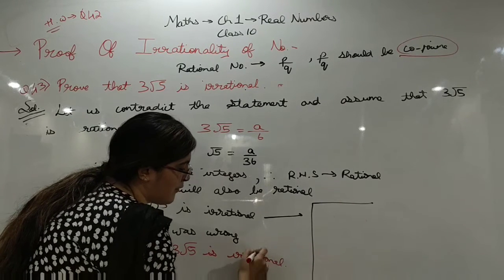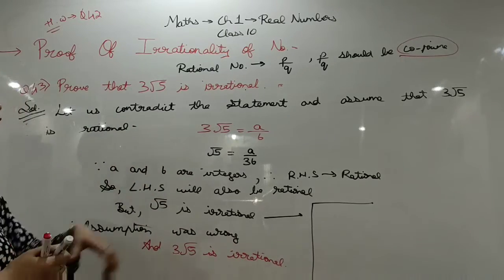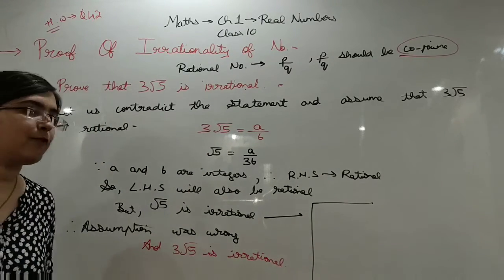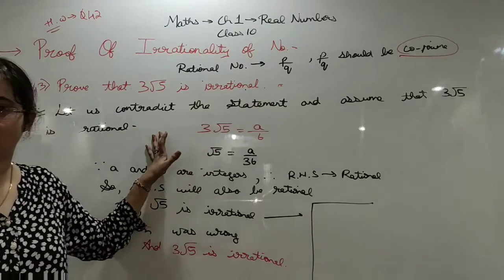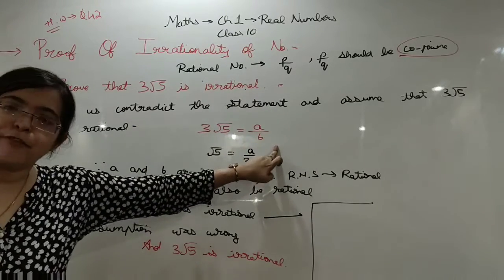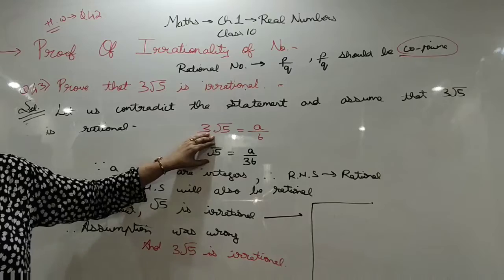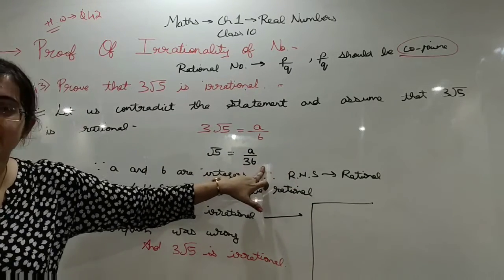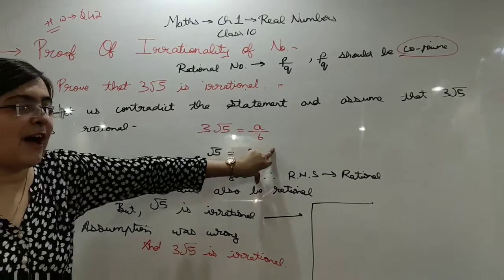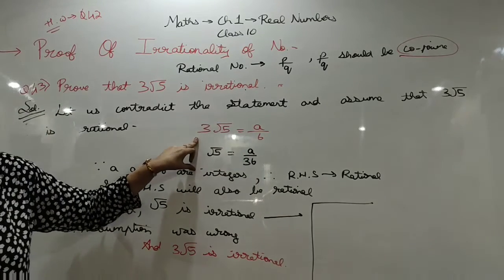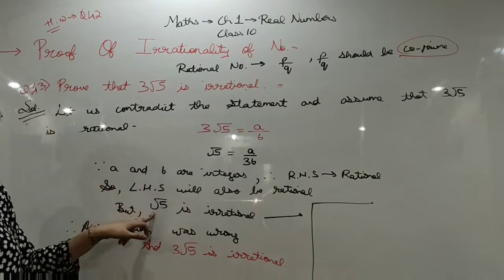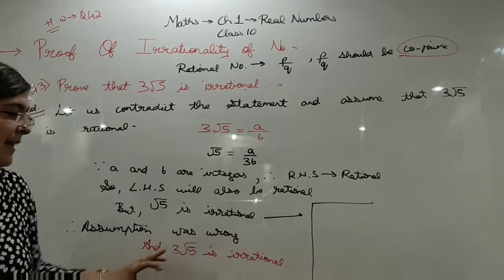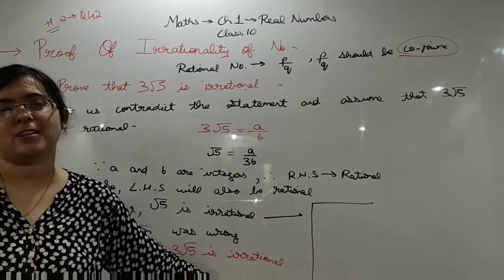Okay, in such types of questions, students, you have to again prove root 5 as irrational. Clear? What we have done, we have assumed it rational. We have written it in the form of a by b. Now keep root 5 on one side, rest all will be on the other side. Now since a and b are integers, it will be rational. If RHS is rational, then LHS should also be rational. But root 5 is irrational, therefore our assumption was wrong and 3 root 5 is irrational.